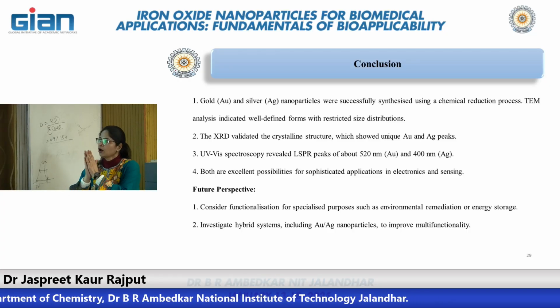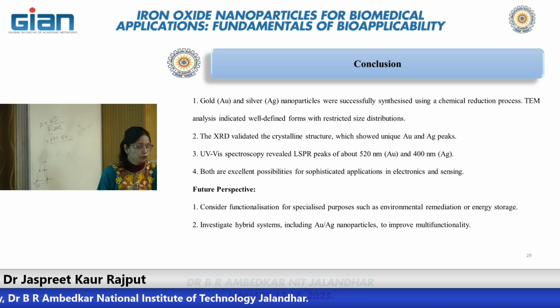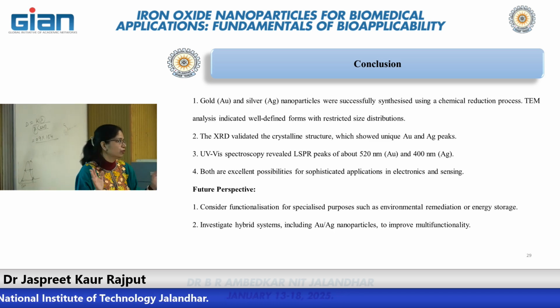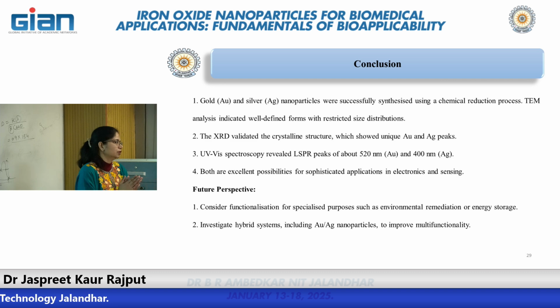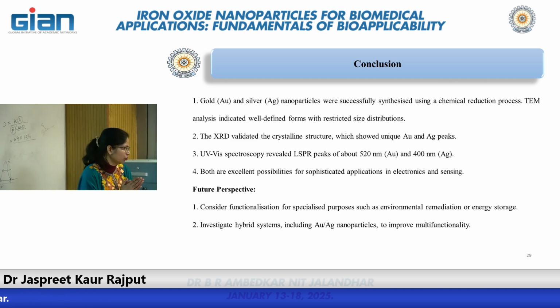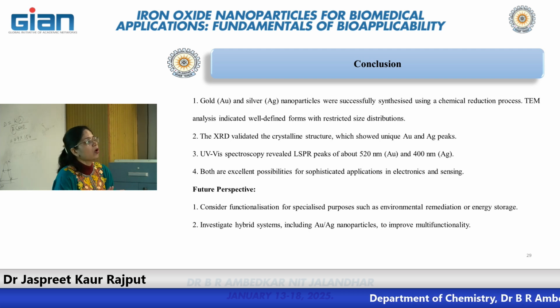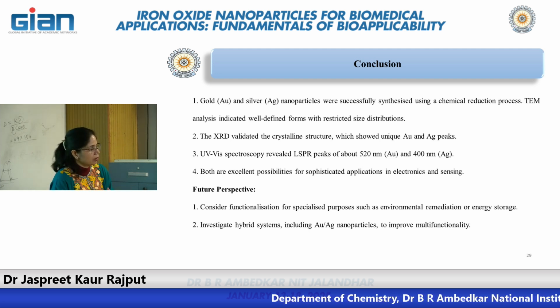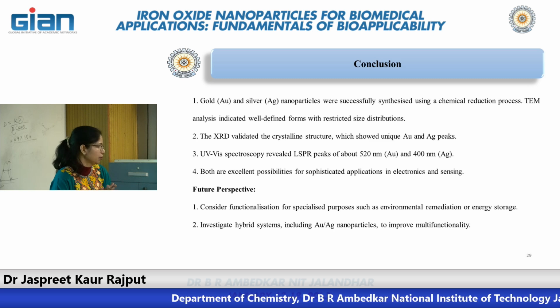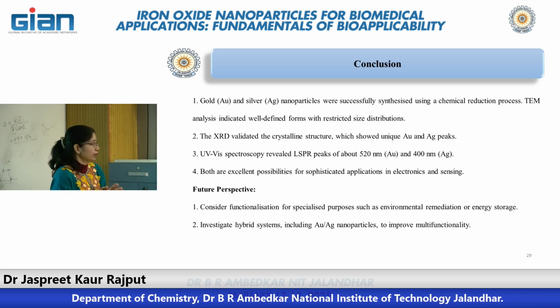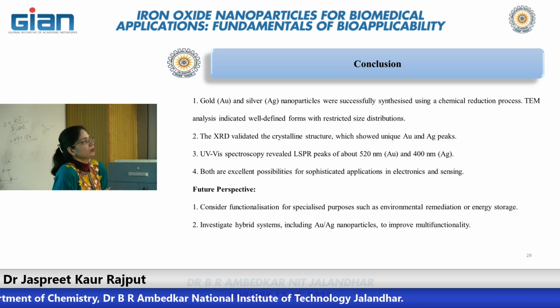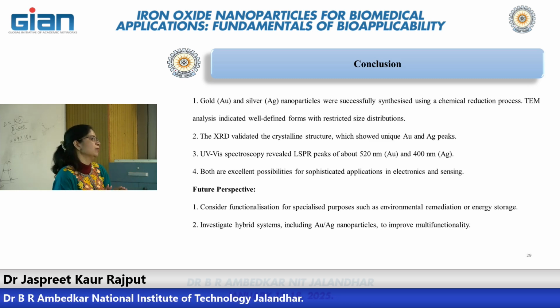Okay, so now I am concluding that today you will synthesize. I have given you the instructions and a brief introduction about silver and gold nanoparticles, what the possible methods of their synthesis are, how you can manipulate the different methodologies according to your need, and what the different characterization techniques are. Apart from these, there are other characterization techniques, but these are the basic ones which are really necessary.